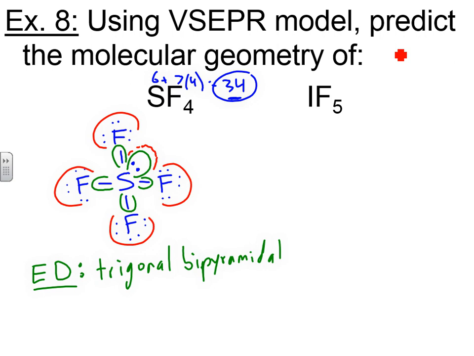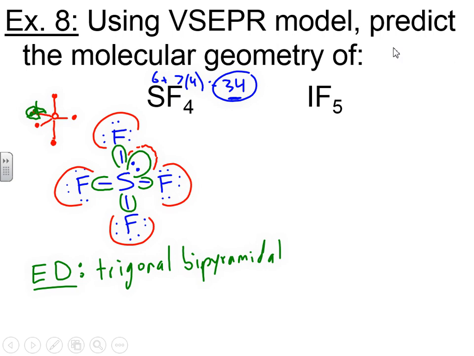So if you have a central atom and you've got 1 above, 1 below, and then you have 3 lying in a plane like so, what will happen is, remember, one of them becomes an empty pair. As this one becomes an empty pair, you can ignore it, but it's influencing the rest, and then you get the seesaw shape.